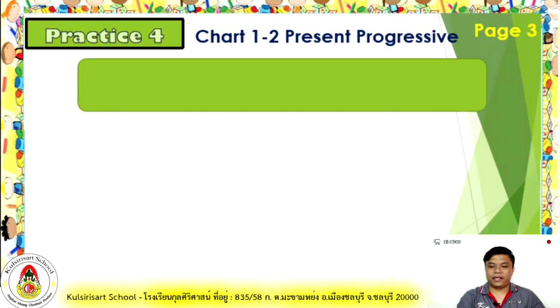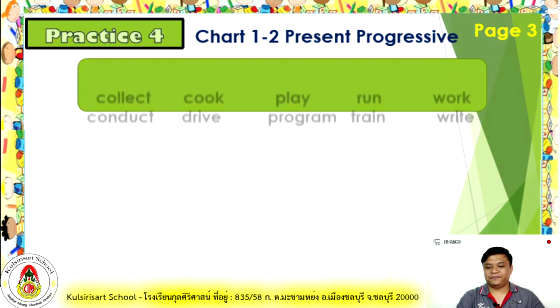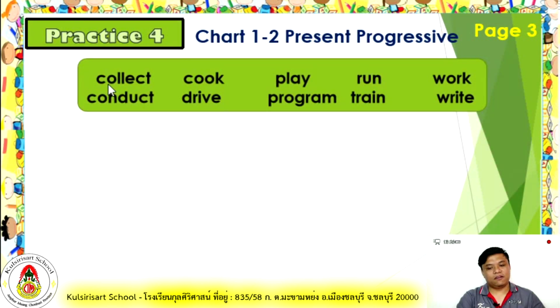Okay, for our next topic, chart number 1-2, present progressive or present continuous form, page number 3. Okay, we have here the words collect, cook, play, run, work, conduct, drive, program, train, write.